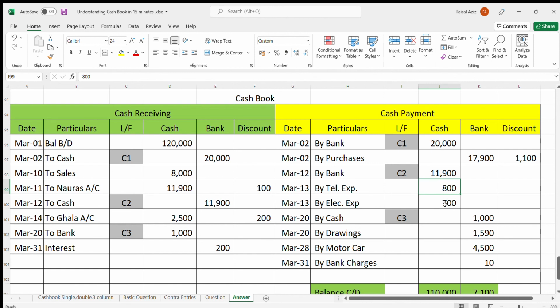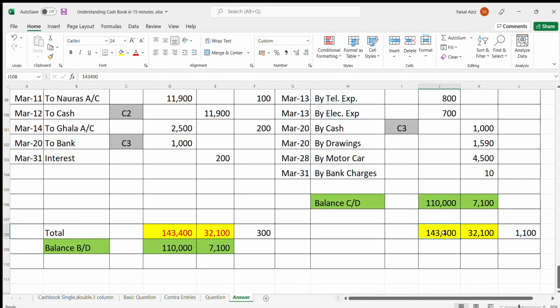So the sum of these cash payments we will minus from this total available cash, so the rest will be the balance cash with us. This is what we mention as balance carried down.